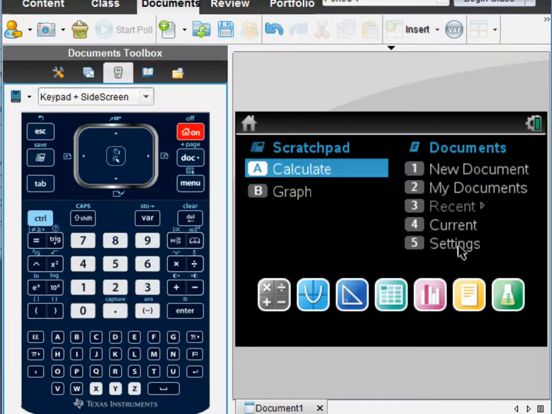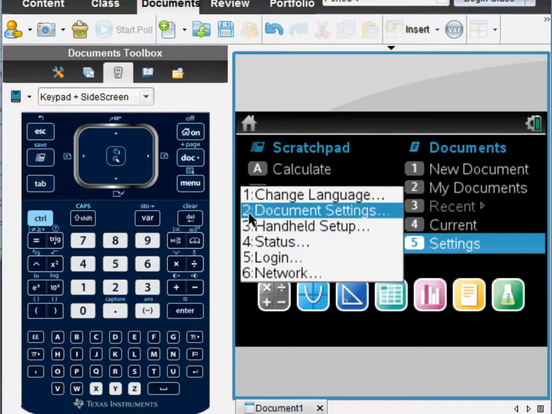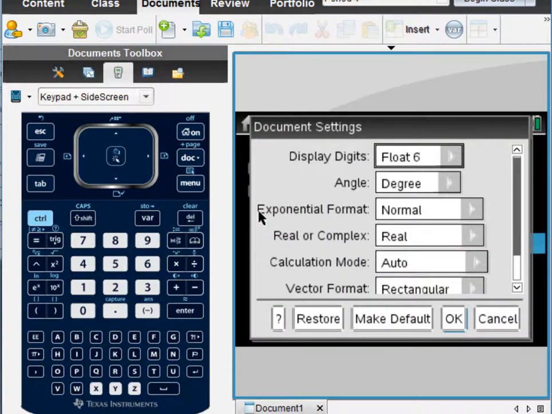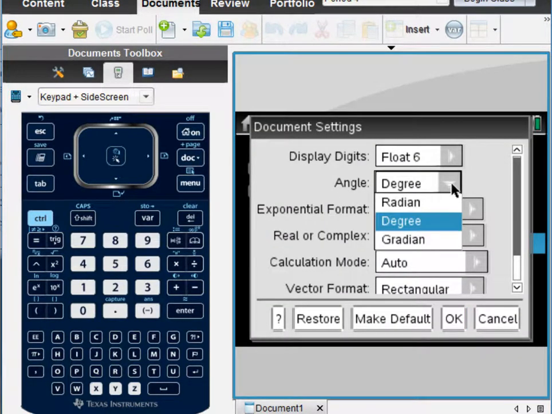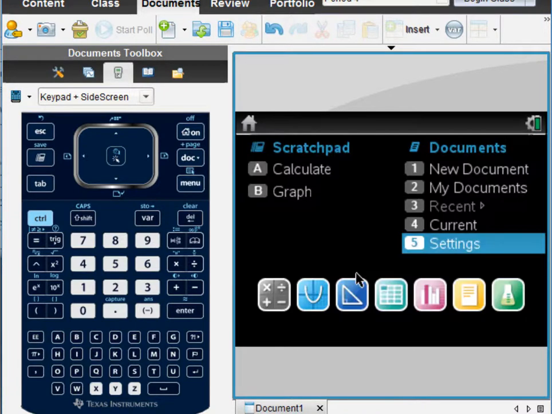Go to settings, option 5. Then click document settings, option 2. Right here where it says angle, if it says radian or gradient, change that to degree. Once you select degree, select make default and then hit OK.